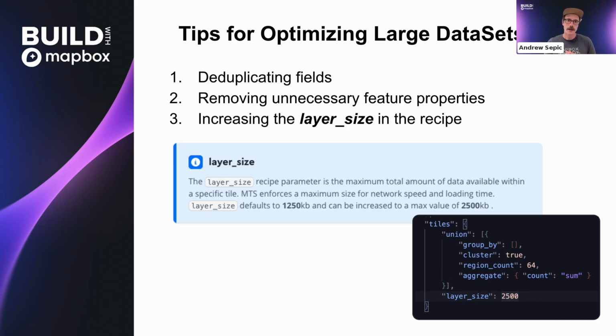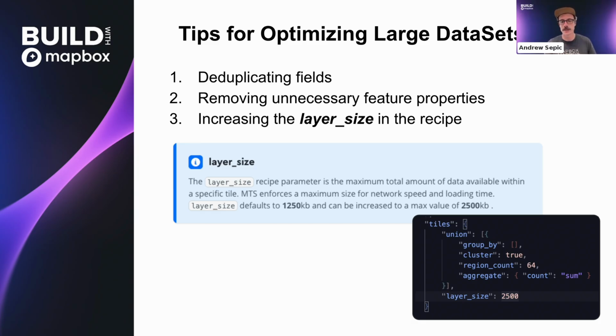Make sure you remove any unnecessary feature properties. So in this case, all I wanted to see of our feature data was the name, the state, the address information. The data that came from the Open Data portal of the Department of Education had tons of feature properties in there. And I made sure to clean those out because our tile set requests would include all that extra data that I wasn't going to use. Now if I wanted to, I could show the school name and the address in certain UI elements with my map.